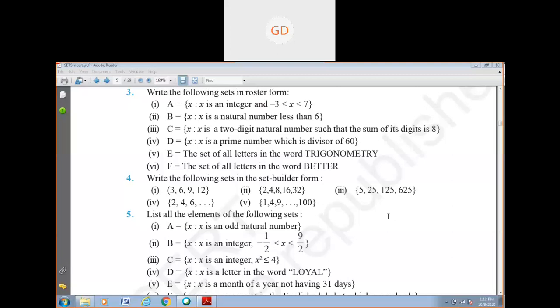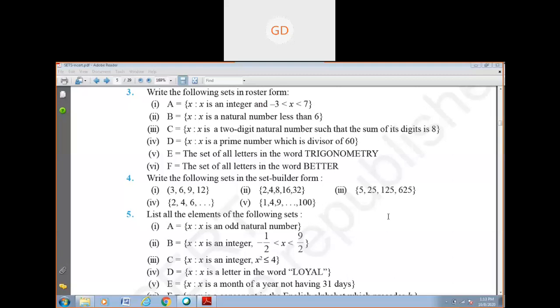Let's go to question number 4. Write the following sets in set builder form. It's just reversed. Here in this example, a few sets are given in tabular or roster form, and we have to express these sets in set builder form.